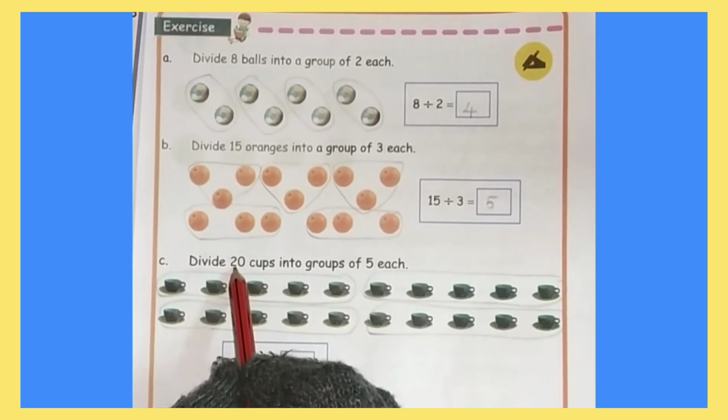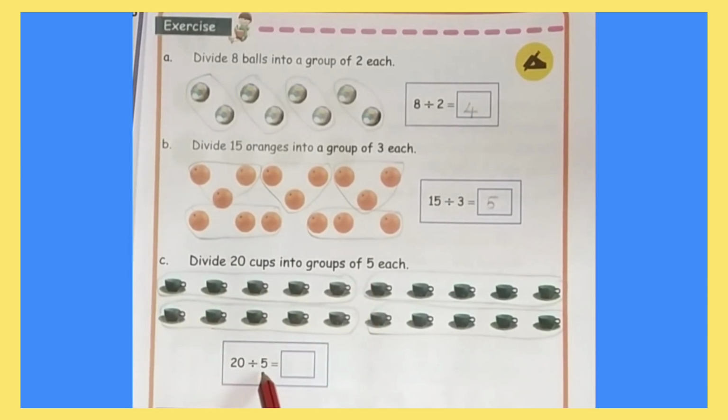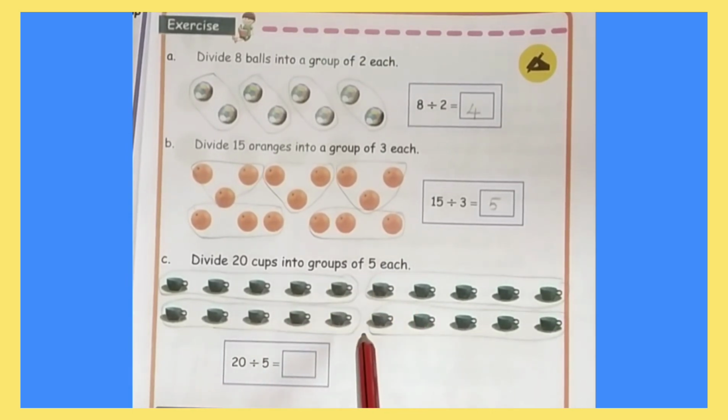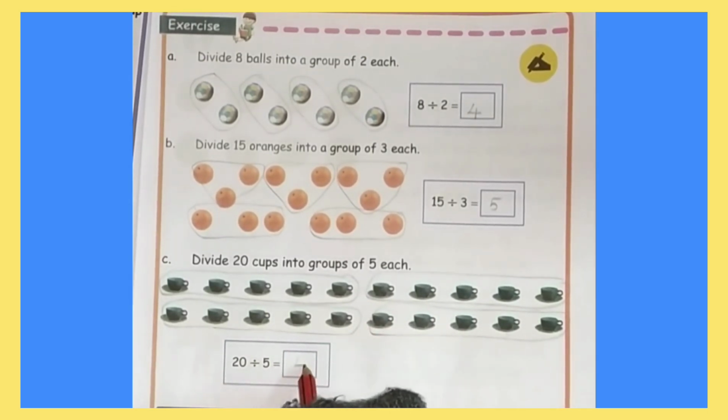So, 20 divided by 5 equal to, tell me children, how many groups are there? Yes, 1, 2, 3, 4. So, 4 groups. 20 divided by 5 equal to 4.